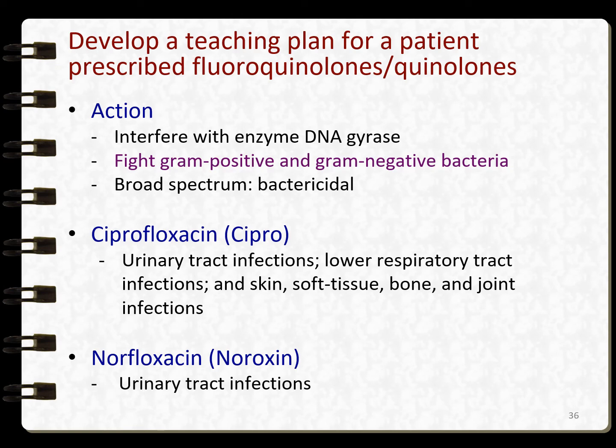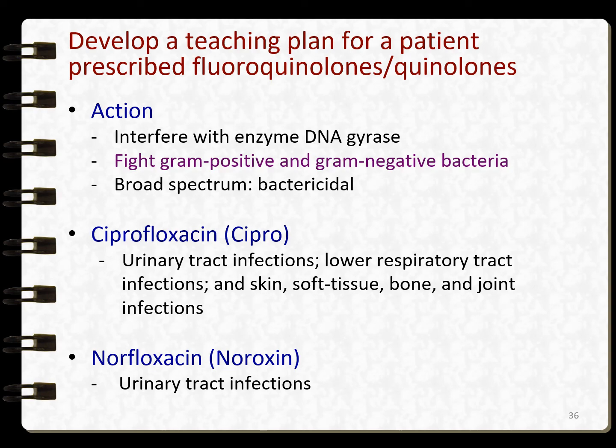Now our next one is fluoroquinolones or quinolones. Their action interferes with the enzyme DNA gyrase. They fight gram-positive and gram-negative bacteria. These are broad spectrum antibiotics, so they are bactericidal. Cipro is an example of one. It treats urinary tract infections, lower respiratory tract infections, skin, soft tissue, bone, and joint infection.